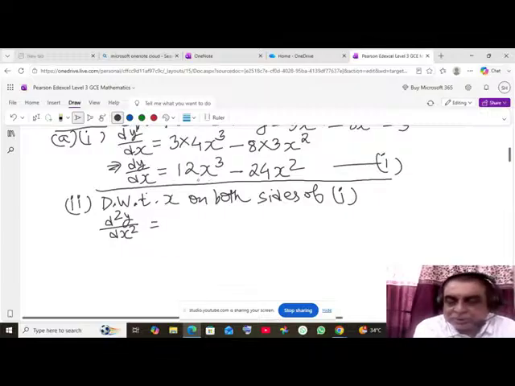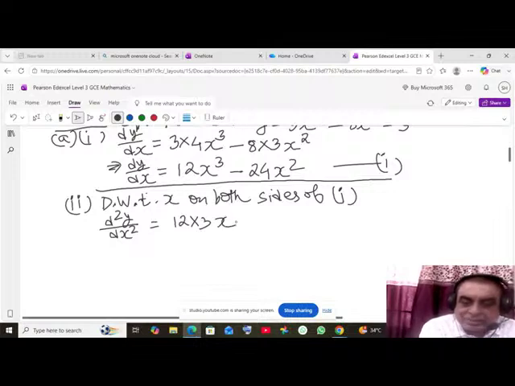Now we will differentiate it. Bring the power of x down, multiplied with the coefficient of x cube: 12 will be multiplied with 3, and the power of x will reduce by 1, so 3 minus 1 becomes 2.